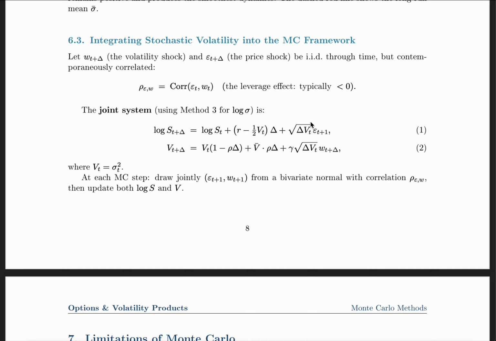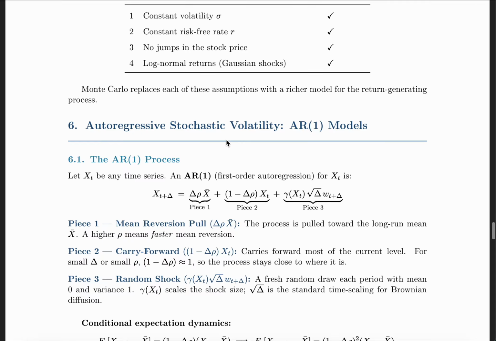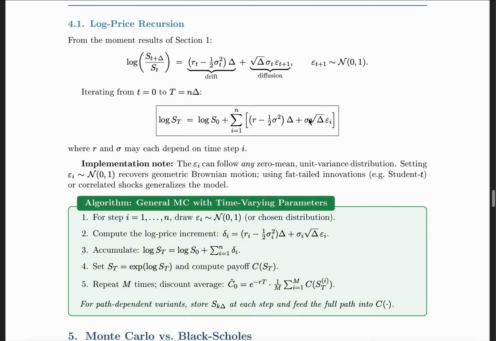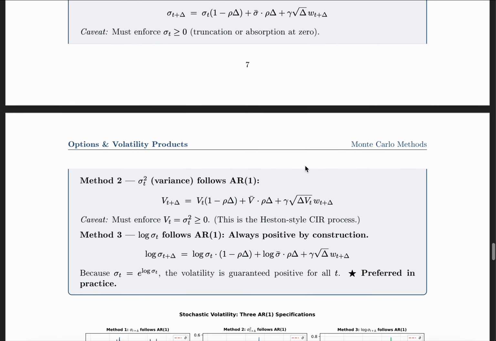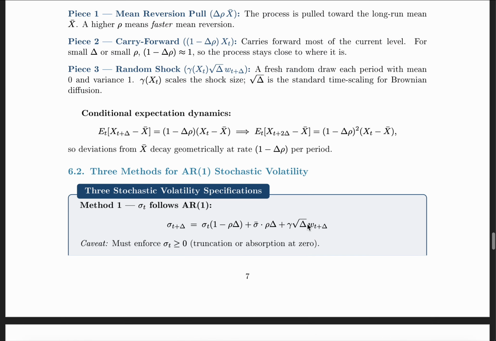What you're going to do is first use this model, the AR1 process, to determine the standard deviation. Here you're determining the variance, and then taking the square root of that, you're determining the standard deviation. Once you have the standard deviation, you have sigma. And then you find some other way to determine the risk-free rate. Now you have everything in here except epsilon. What do you do with epsilon? Epsilon becomes a random draw, just like how we performed a random draw for omega.